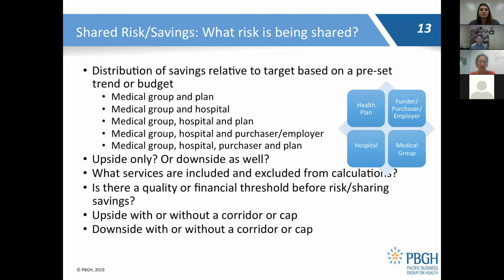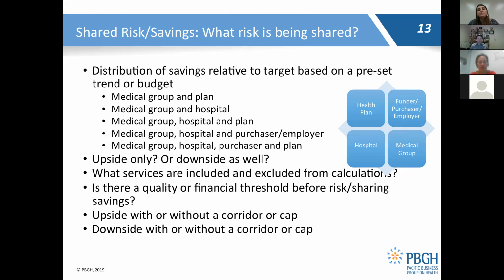Whereas in a negotiated arrangement, the savings may need to exceed a certain amount of, let's say, 4%, and then there's more dollars that can be moved around and more opportunity for a bigger portion of the savings.